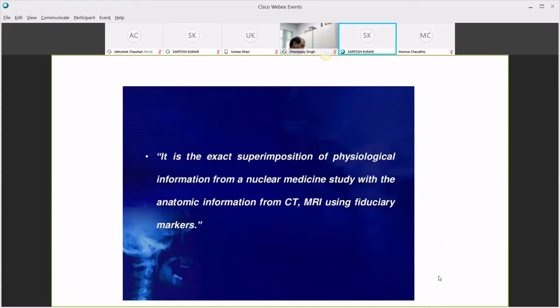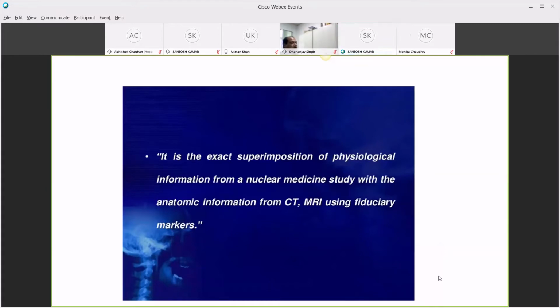So normally, when we are taking the CT scan, we take the anatomical imaging. We will not have the physiological side of that. So we require another modality. Might be it should be PET or it should be a nuclear medicine study.